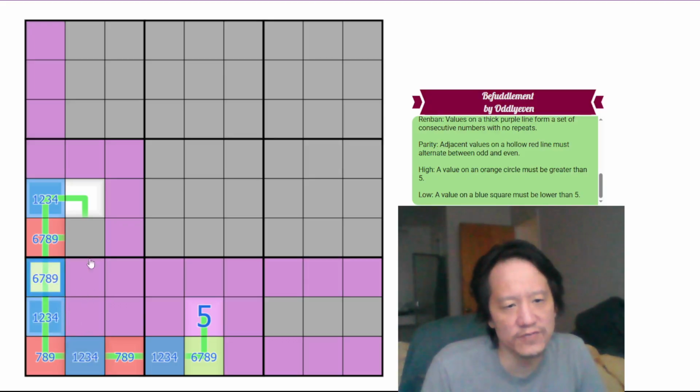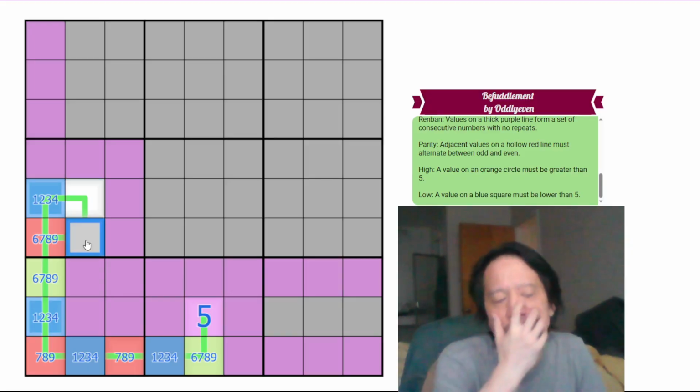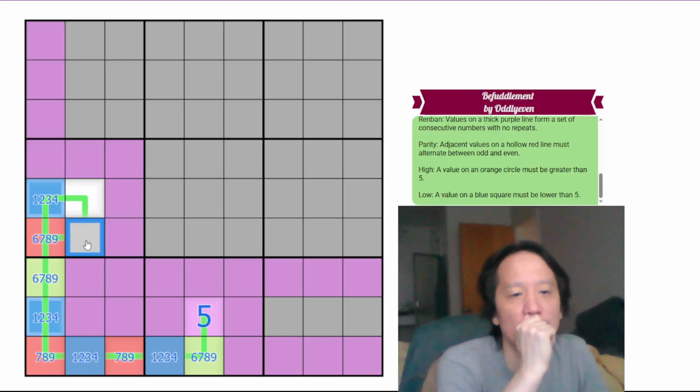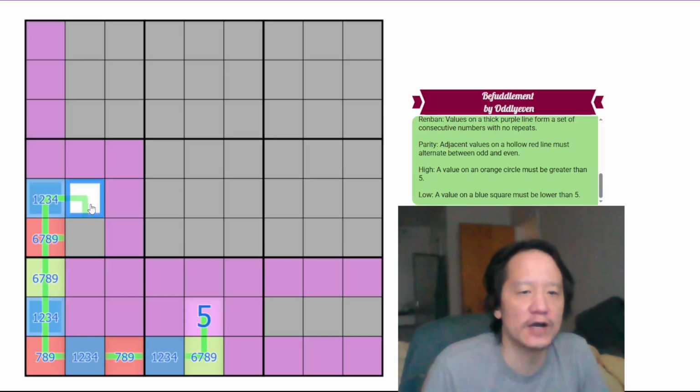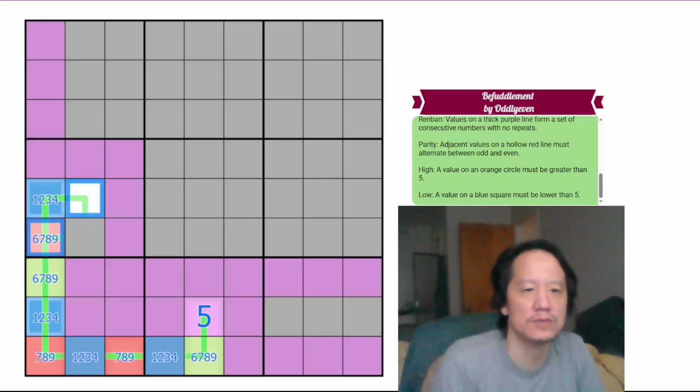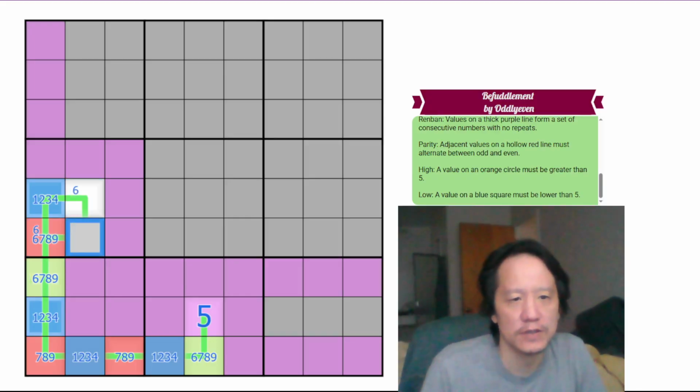This can't be 6 in value, so 6 has to be one of these 3. Can this be 6? No. So the 6 in value has to be one of these 2. Therefore, the 6 has to be one of these 2.